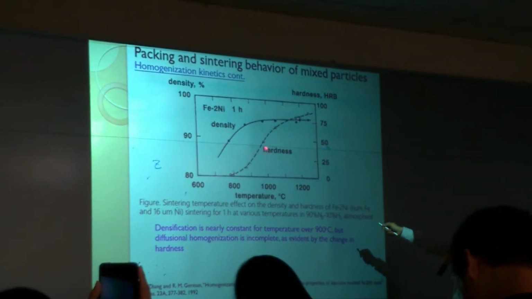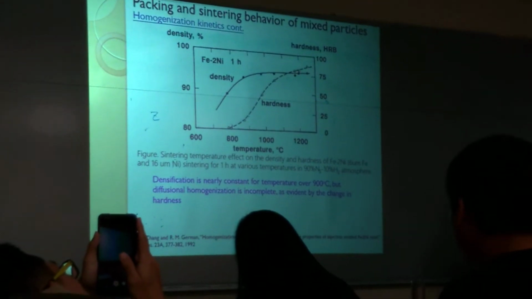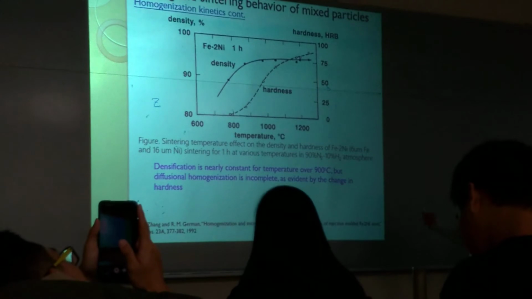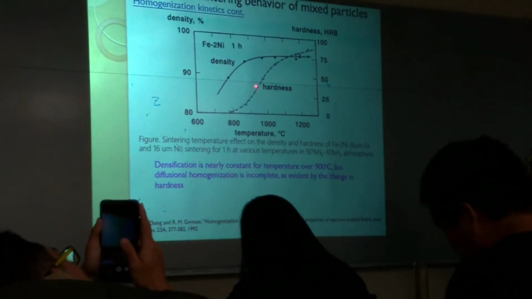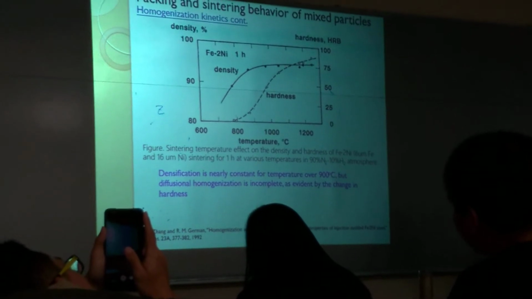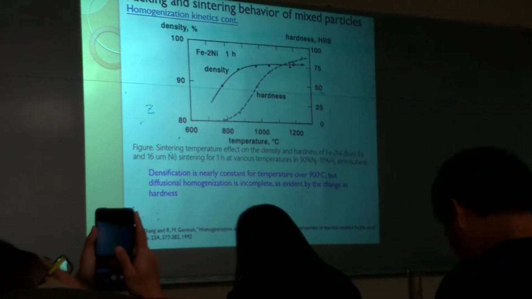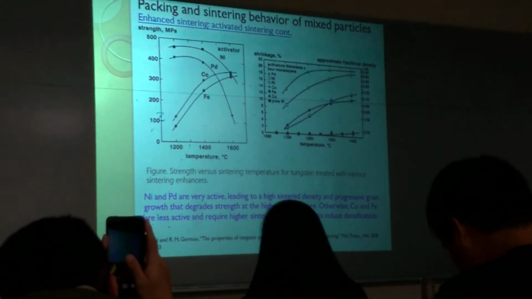But the properties change, because the chemical composition is also changed. This one is less homogeneous, here is homogeneous. So you can see the homogeneous one has better hardness than the non-homogeneous one. It's also very interesting, okay?